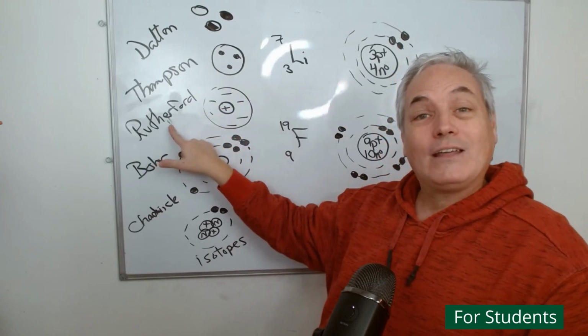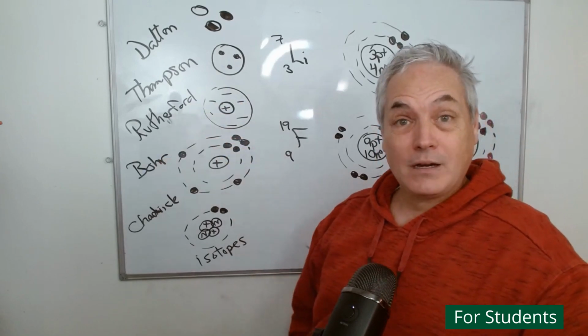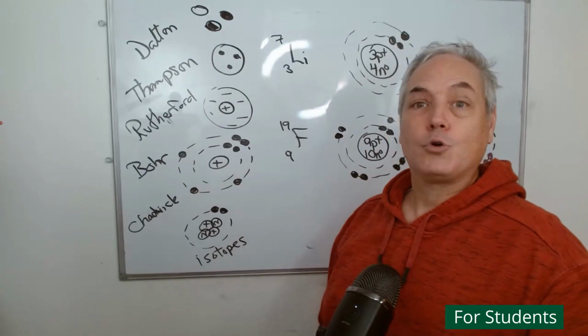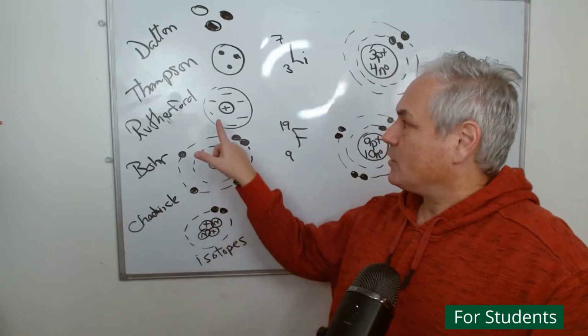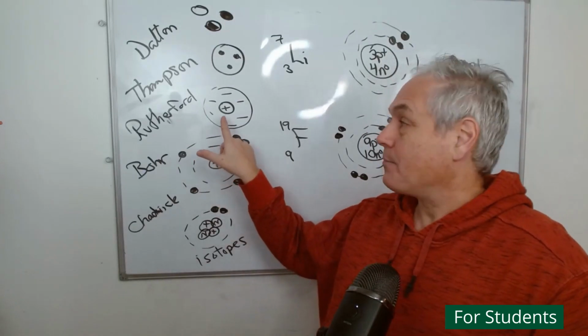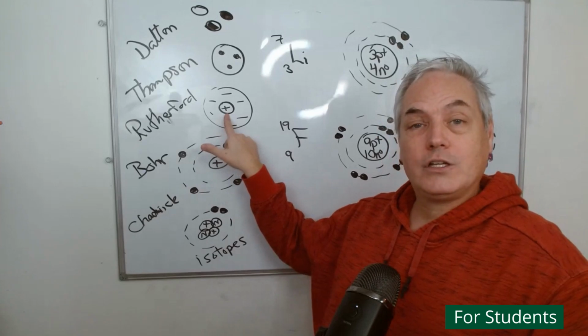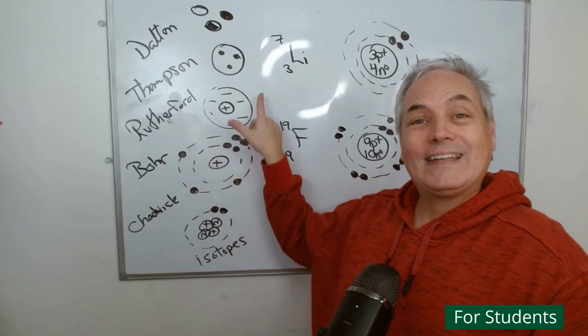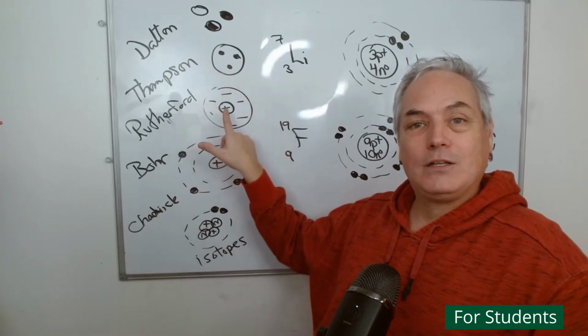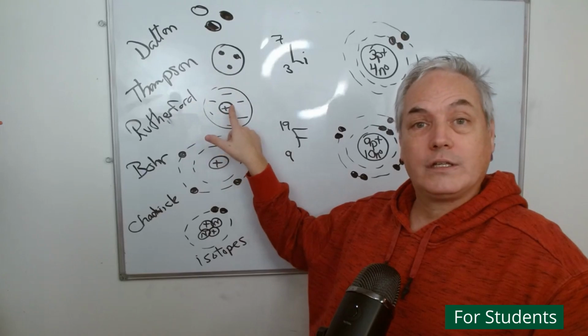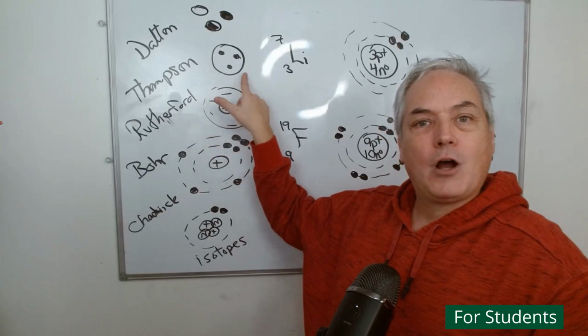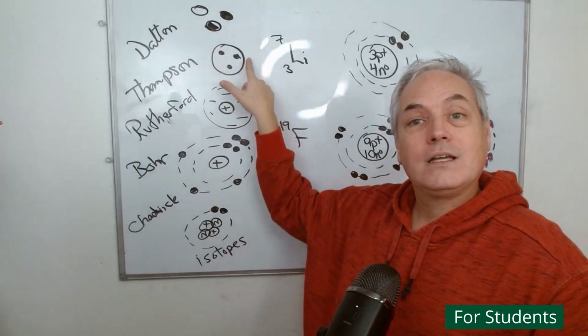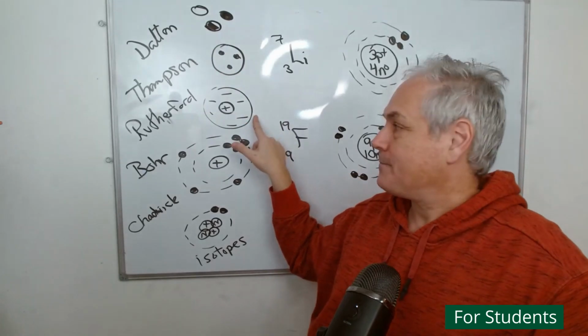Then we have Rutherford, who, through his experiment with protons and gold leaves, realized that a particle has most of its mass in the nucleus in the middle, and that electrons move at the speed of light all around the nucleus.